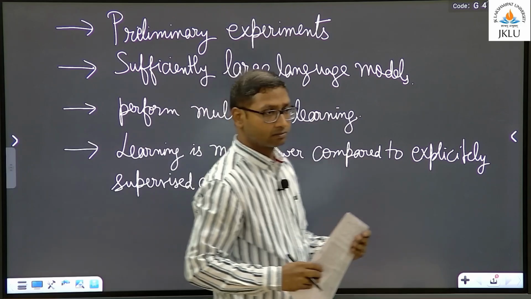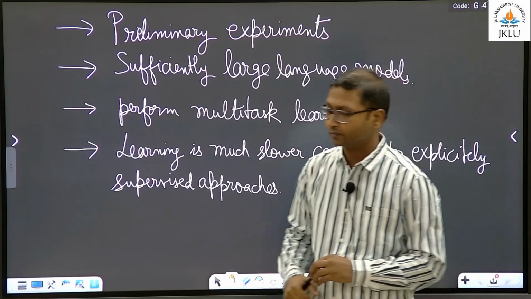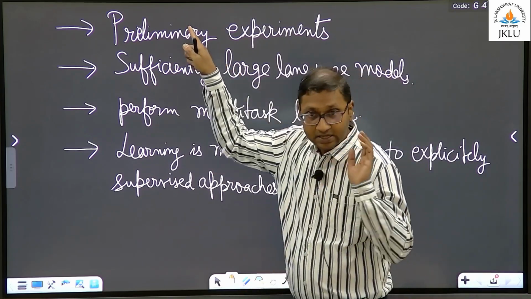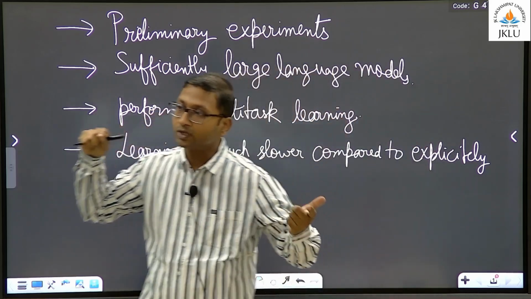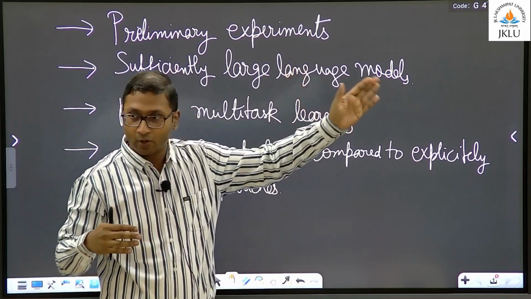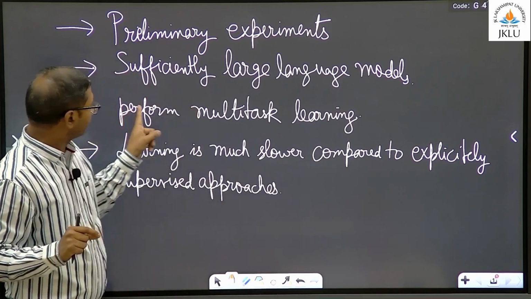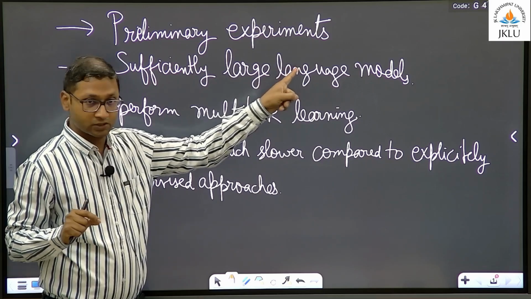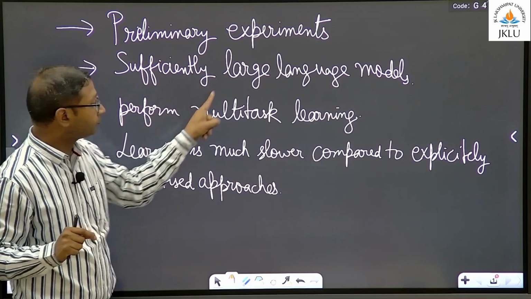These 4 lines, they are probably the summary of GPT-2 paper. Okay. These are preliminary results, so they are not able to show that they outperform the state of the art results on all these problems. What they are able to demonstrate is that the large language models, when they are sufficiently large, right, they are able to perform multitask learning.